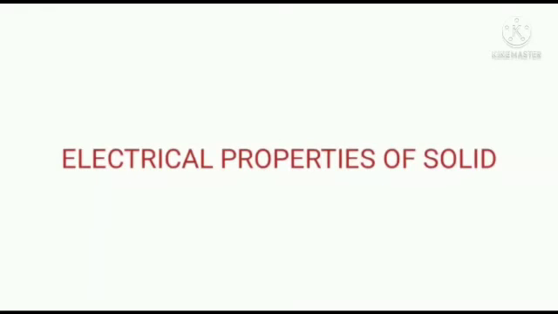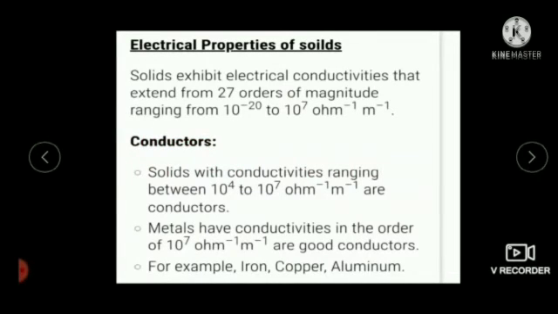Next, we are going to discuss electrical properties of solids. Solids can be classified into three categories based on their electrical conductivity. Solids exhibit electrical conductivities that extend over 27 orders of magnitude, ranging from 10 raised to minus 20 to 10 raised to 7 ohm inverse meter inverse.